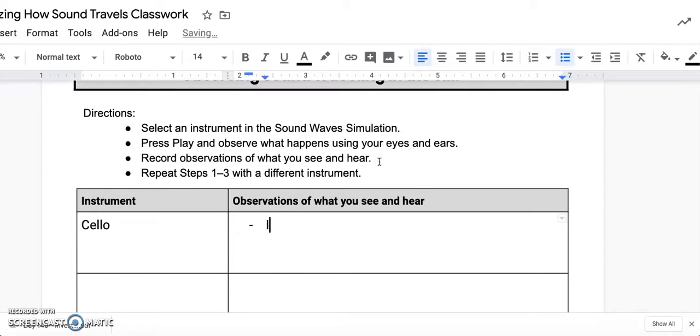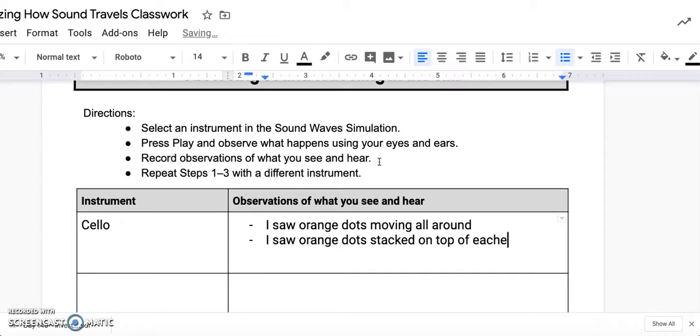So what I saw: orange dots moving all around. I pressed enter. It's going to give me my next bullet point. I also saw orange dots stacked on top of each other to form 2 vertical lines.